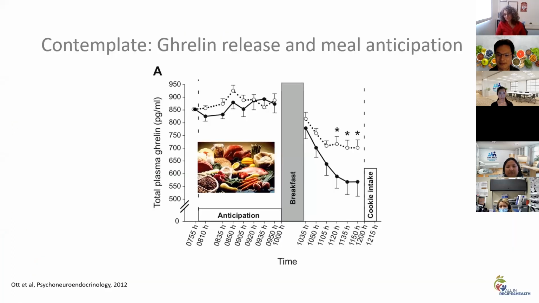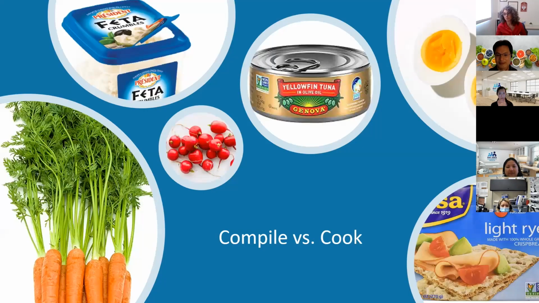Gastrin is being released, telling your stomach to start producing digestive juices, and actually telling your large intestine to start moving in peristaltic waves so that you get a nice healthy digestion and your food moves through in a non-sluggish way. And so you're already priming your entire digestive system as you're preparing your food and looking at it and smelling it and so on.